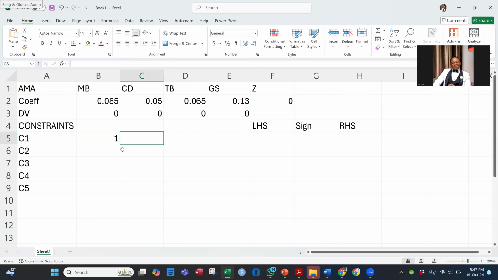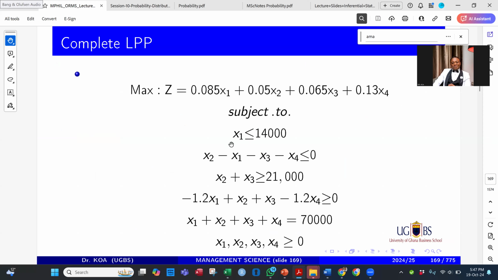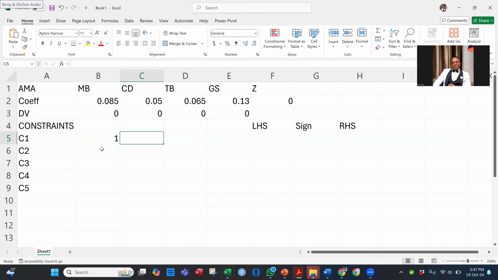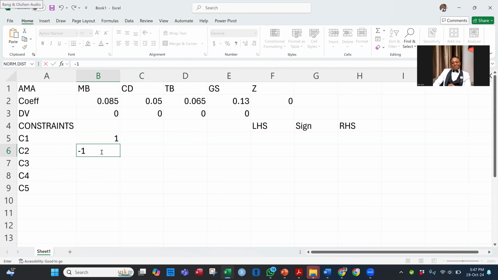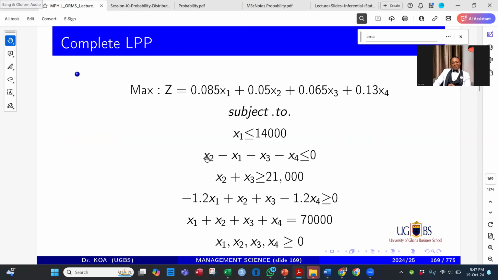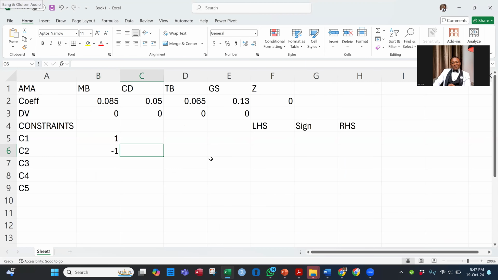Looks like some of you are sleeping. The next constraint is x1. You can see that there's -1 in front. So you write -1. And then x2, it is +2. So a +1 in front of it. So you write 1. Okay.